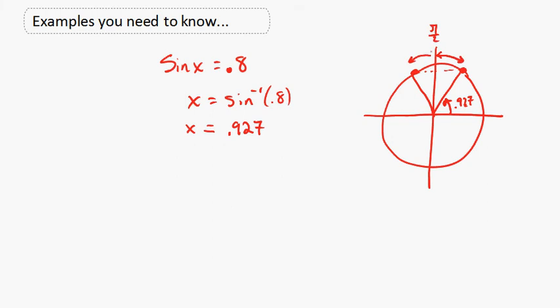And pi over 2, if you take 3.14159 divided by 2, you get about 1.57. So the difference between 1.57 and 0.927-ish, that's going to be about 0.67.